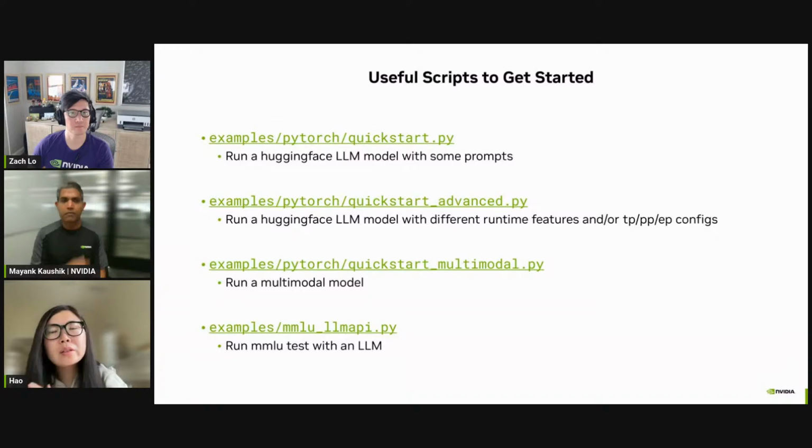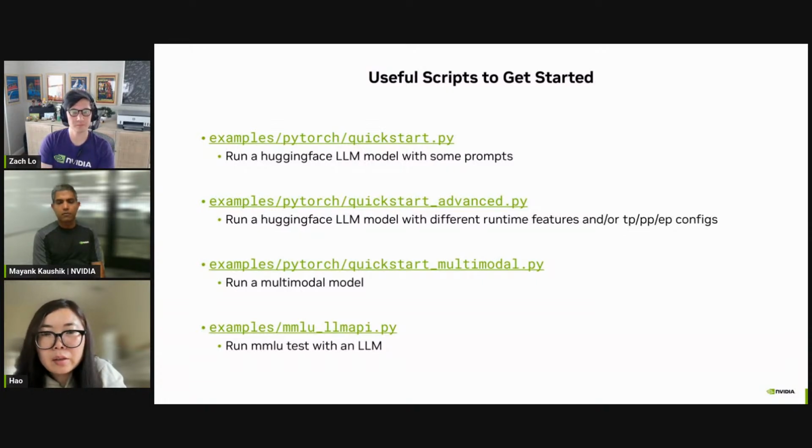Here I include some of the most useful, frequently used scripts to test with TRT-LLM. First, we have the quickstart.py. It's used to run a Hugging Face LLM model with simple prompts.